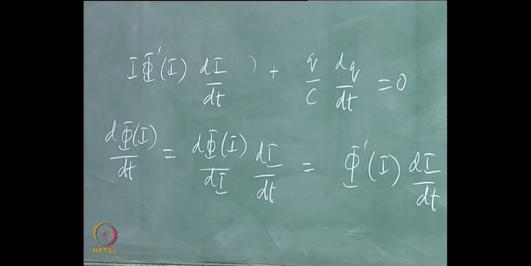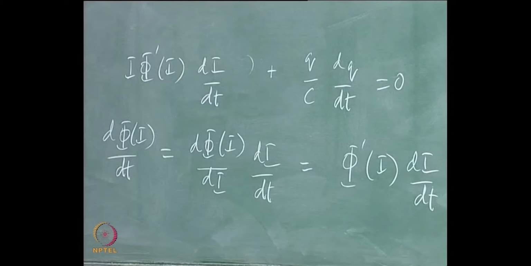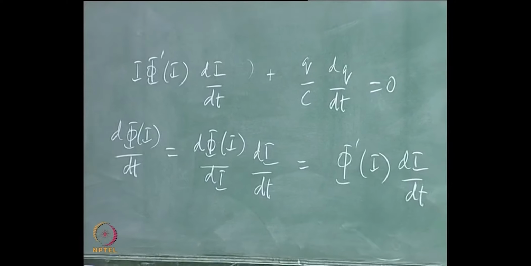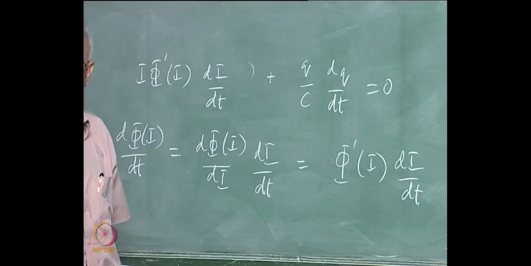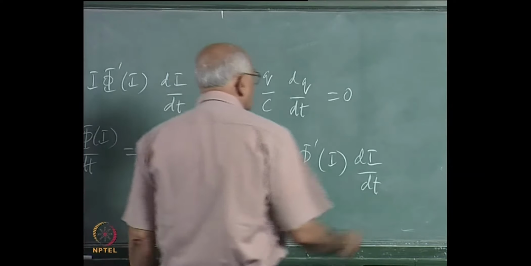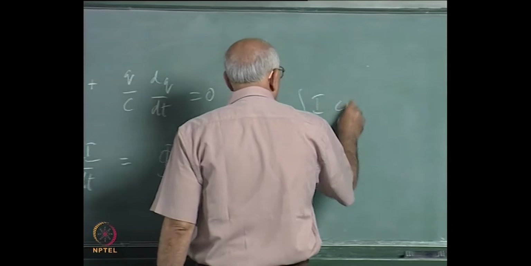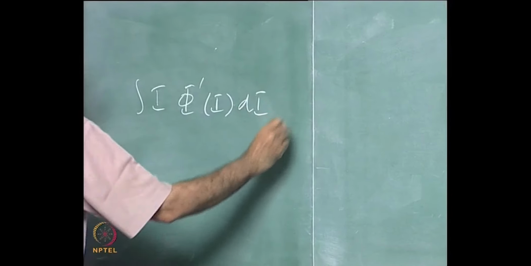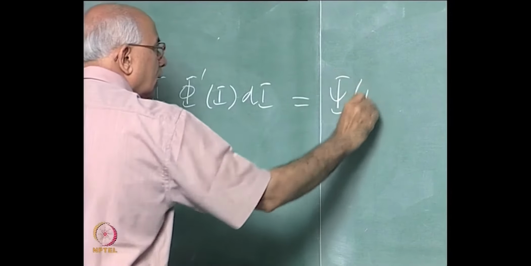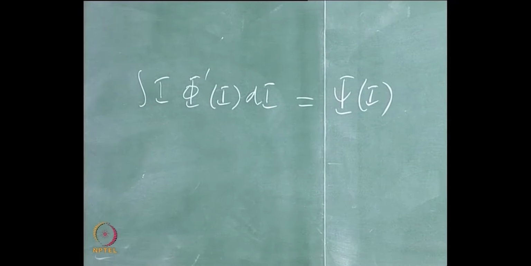So what is the constant of the motion? The primitive of this, so if I do the integral of I phi prime of I dI and I call this something else, psi of I, for example, the indefinite integral, it is evident that psi of I plus q squared over 2C is a constant of the motion.